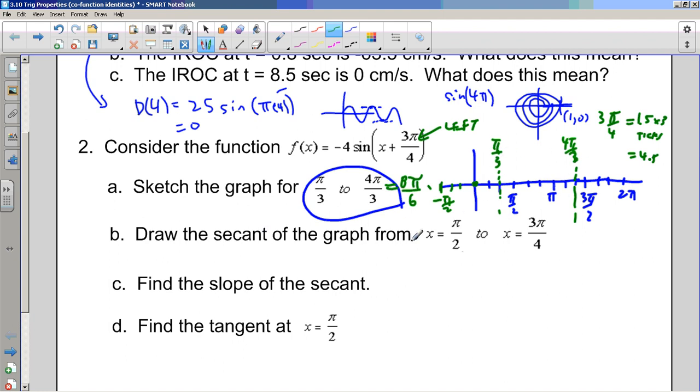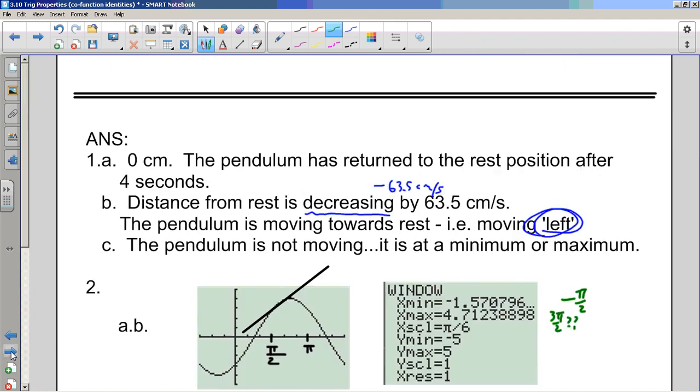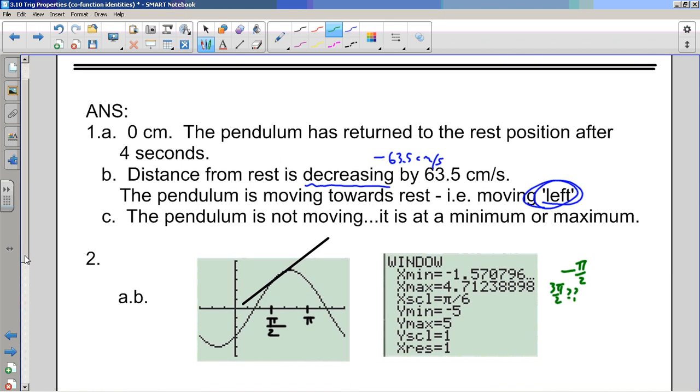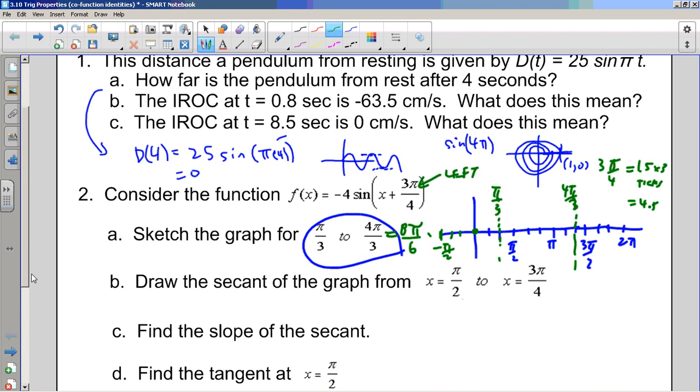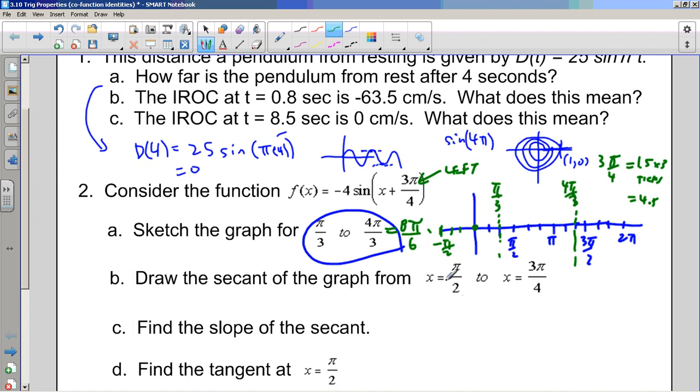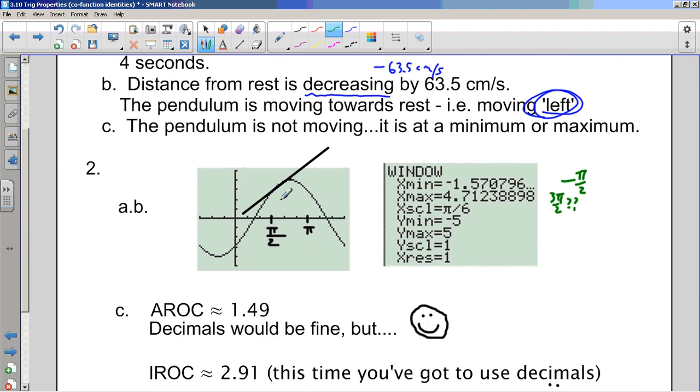Draw the secant from pi over 2 to 3 pi over 4. Well, I'm going to go to my answer, pi over 2 to 3 pi over 4. Where's 3 pi over 4?